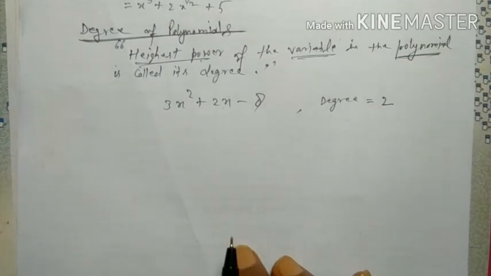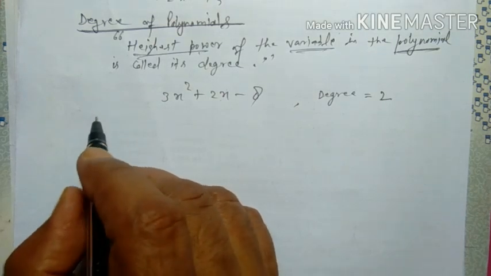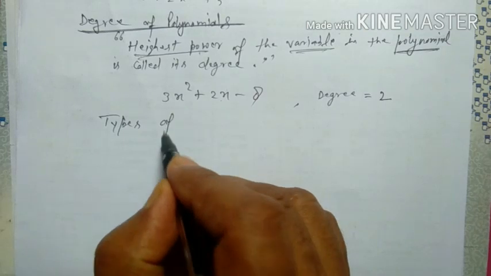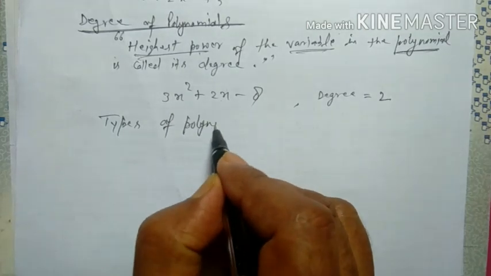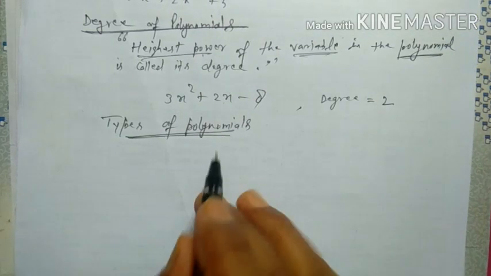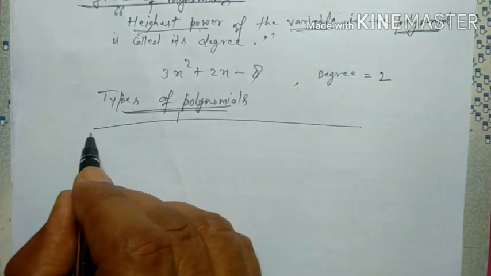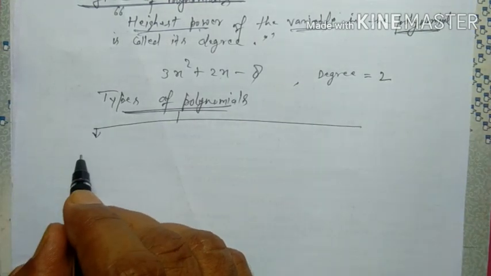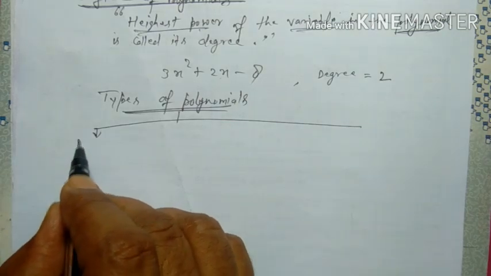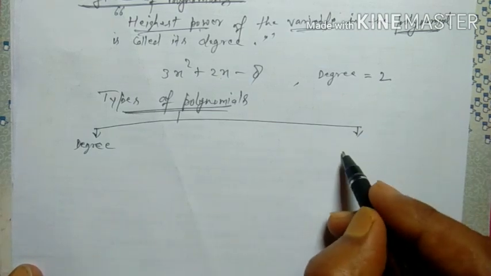Now we will study the types of polynomials. We will study the types of polynomial on 2 bases. First is on the basis of degree, and second is on the basis of terms.